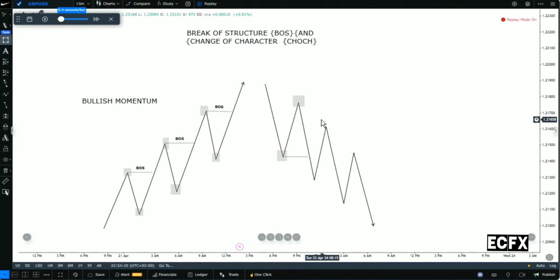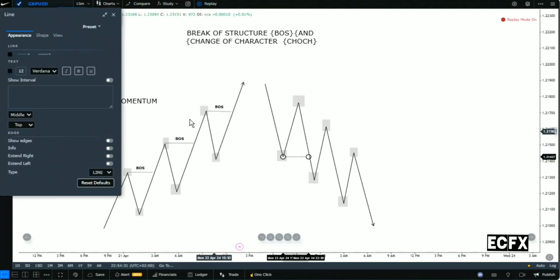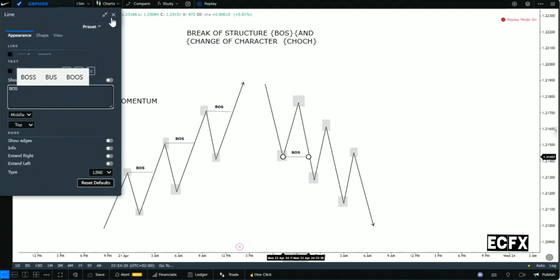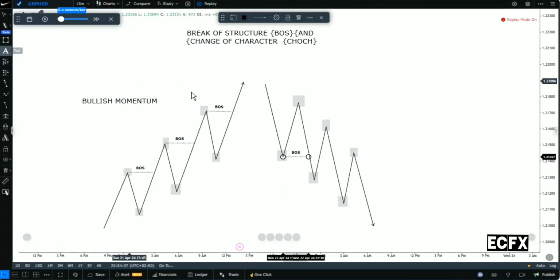Then once again, price put in place a lower high, and then again a lower low, and then a lower high, and then a lower low. So instead of breaking structure to the upside, we will now be breaking structure to the downside, right? So it's basically the same thing that happens on the buy side that happens on the sell side as well.